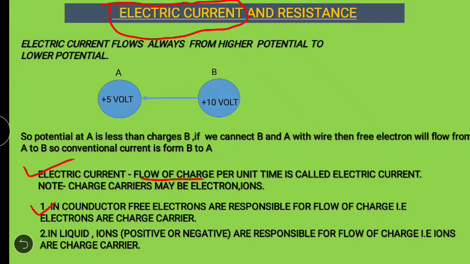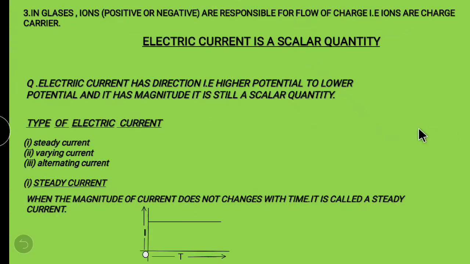So in a liquid, the electric current flows through the ions. And in gases, ions, positive or negative, are also responsible for the flow of charge. That is, ions are charge carriers. So whenever, students, charge flows, current is produced.